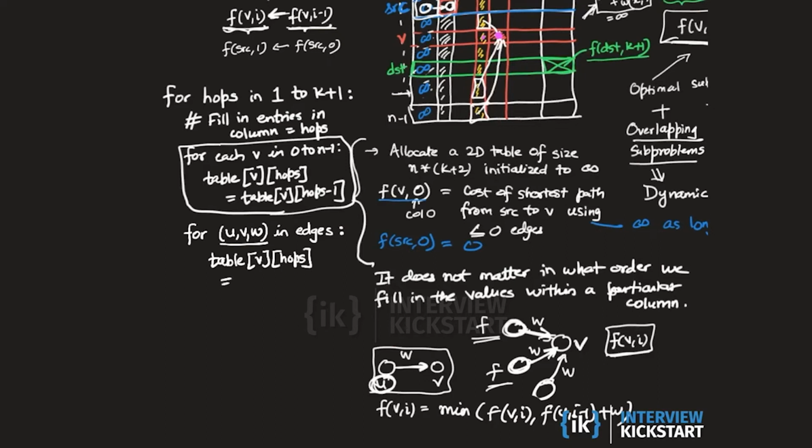I update this to be the min of whatever it is right now and the alternate value, which is table of u comma hops minus 1, that is f of u comma I minus 1, plus the weight of the edge from u to v.